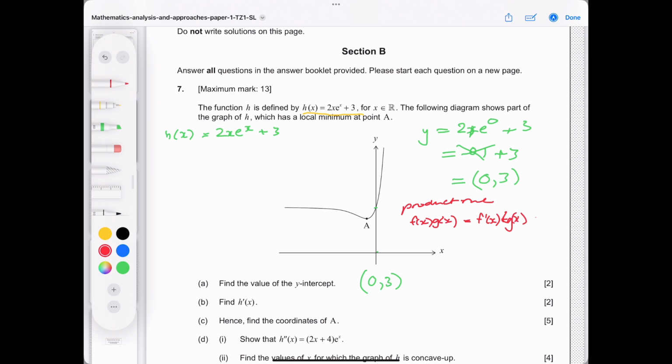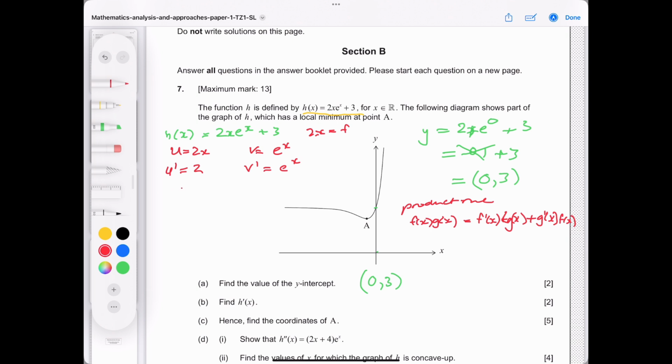This is not beautifully written. Right, so let's just make it u. So u equals 2x, v equals e to the x, and that means u dash equals 2 and v dash equals e to the x. Now we just put it together in this way. I really prefer u's and v's.